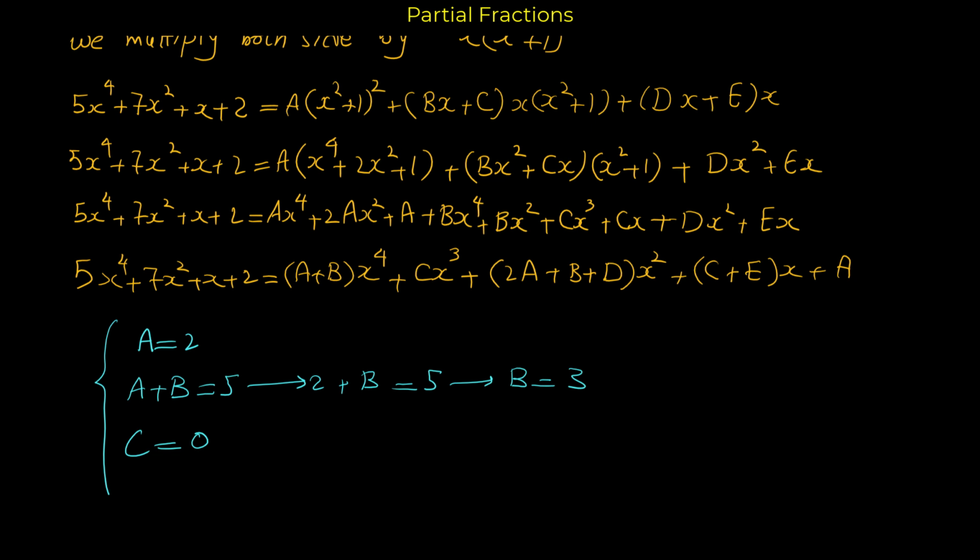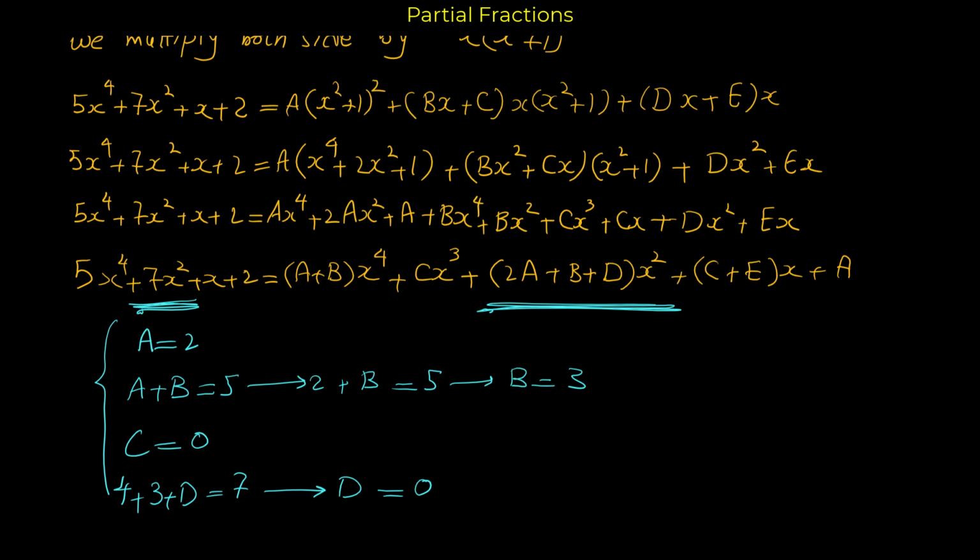Now that we have a, b, and c, let's compare the coefficient of x^2 here with the coefficient of x^2 here. In the left, the coefficient of x^2 is 7. So 7 should be equal to 2a, but a is 2, so 2a would be 4, plus b, b is 3, plus 3, plus d. So from here, d is 7 minus 7, so d is also 0.